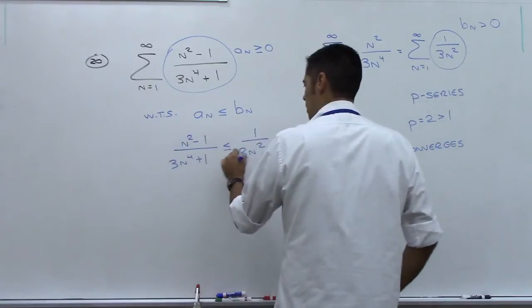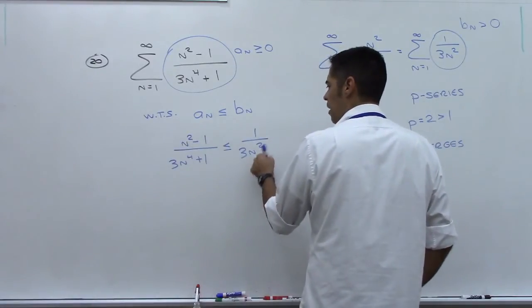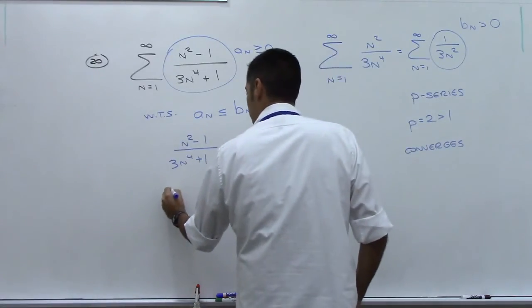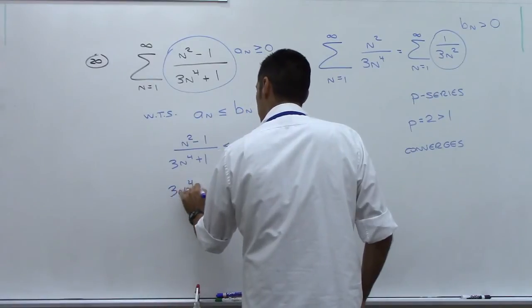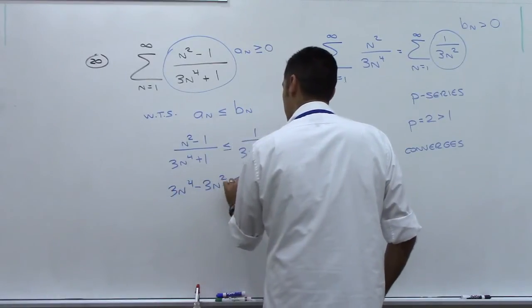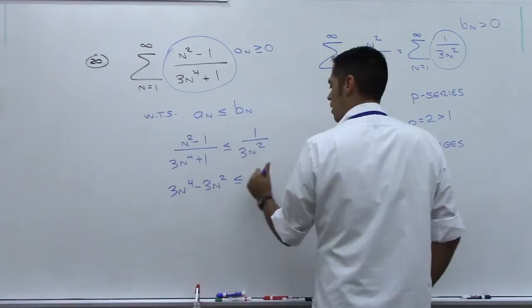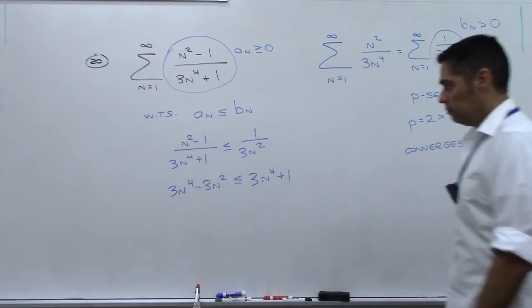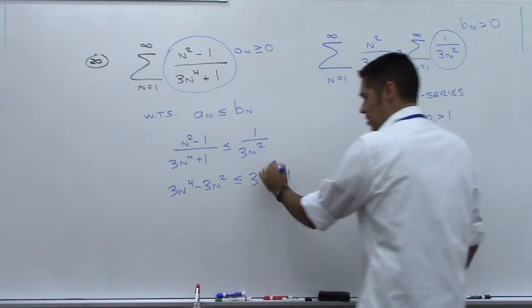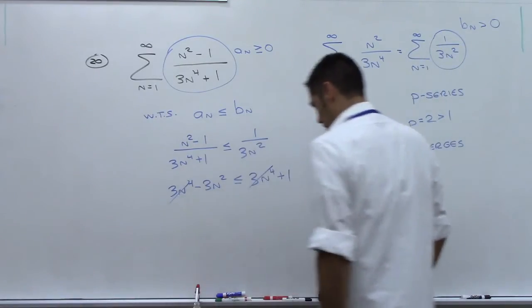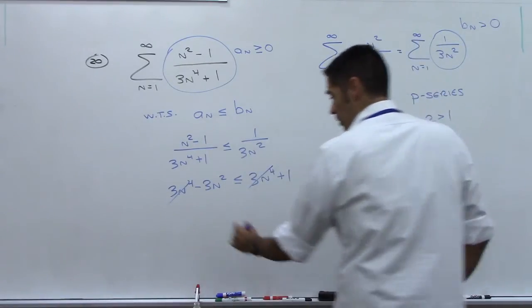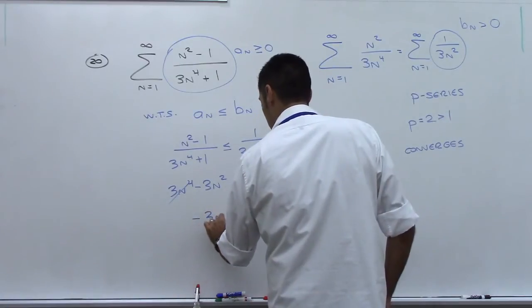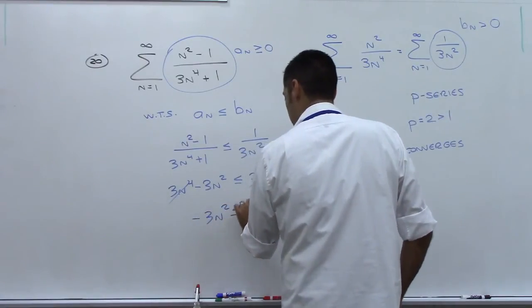If I multiply both sides by 3n squared, it goes away over here. It becomes 3n to the fourth minus 3n squared less than or equal to 3n to the fourth plus 1. If I subtract 3n to the fourth on both sides, it goes away, and I'm left with negative 3n squared is less than or equal to 1.